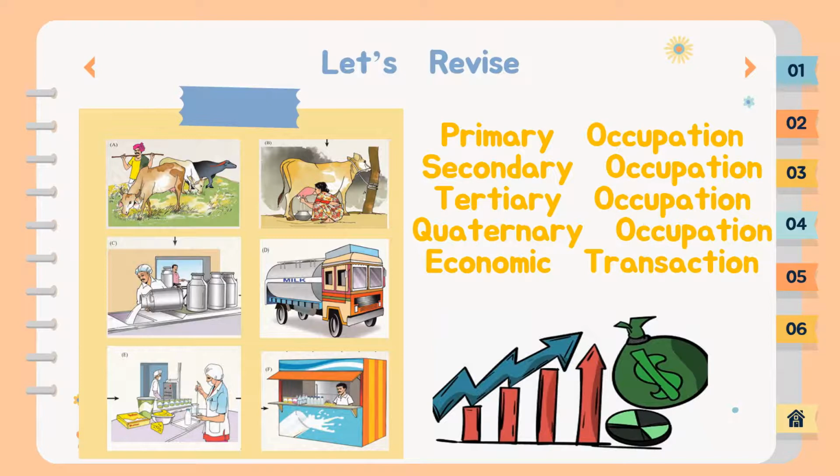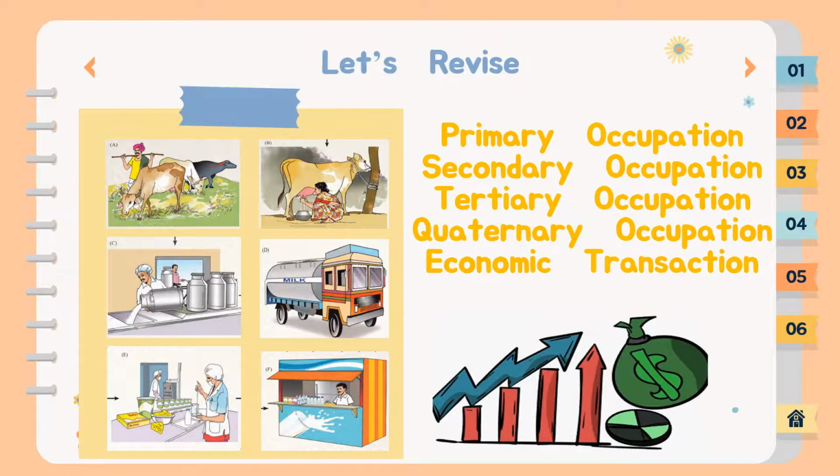Examples of primary occupations are farming, animal husbandry, fishing, etc. Products that are obtained from processed milk are shrikhand, butter, cheese, milk powder, etc.